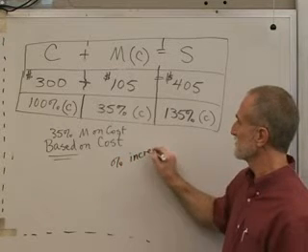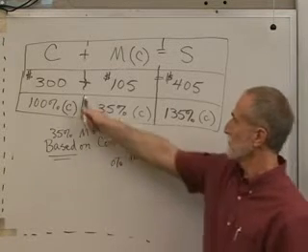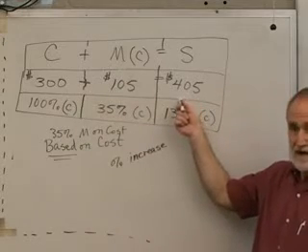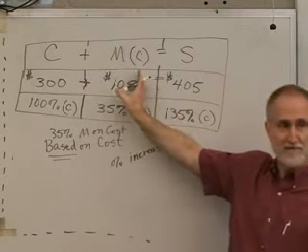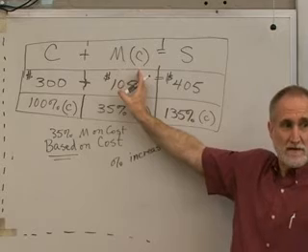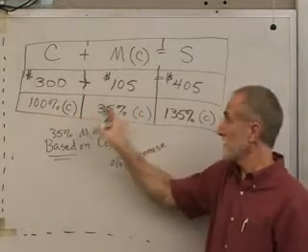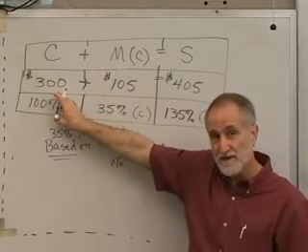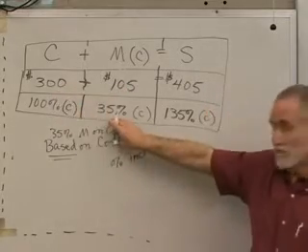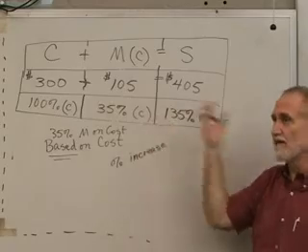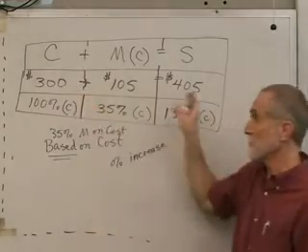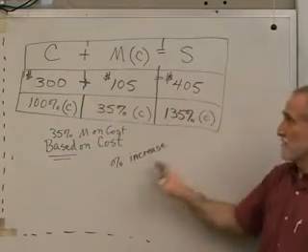In other words, when 300 goes up to 405, it went up 105. How significant is that? Well, let's compare it with what it used to be. Take 105 and divide it by 300, you'll get 0.35. That's a 35% increase when 300 goes up to 405. So the math is just like percent increase when we base it on cost.